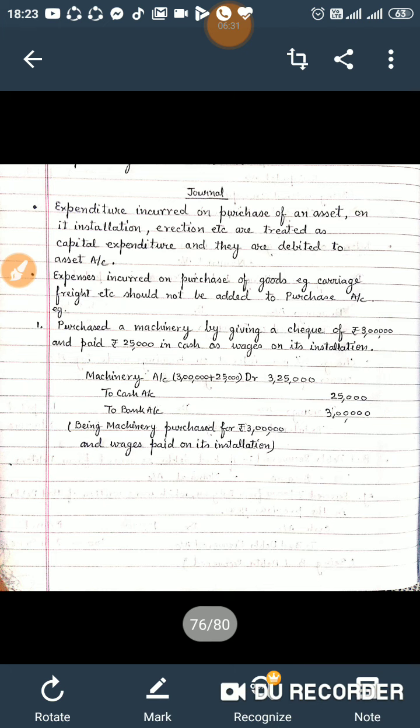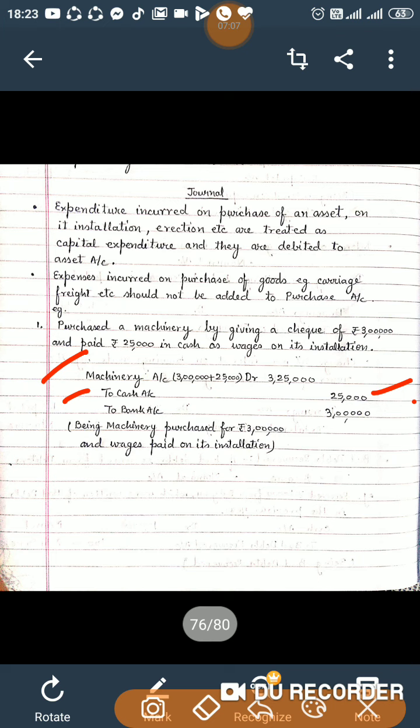If you do it under modern rule, asset is increasing in your business, so increase in asset should be debited. Machinery account should be debited with 3 lakh 25,000. Cash, that is what you have paid for wages on its installation, as an asset is decreasing from your business, so it should be credited. At the same time bank, as I discussed yesterday, has been taken as an asset because bank represents cash at bank.